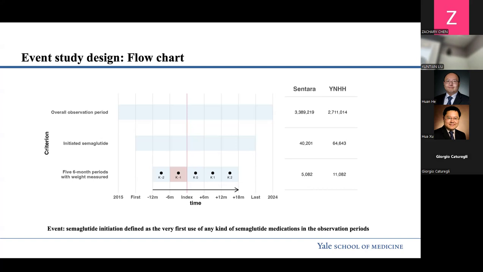For these 5 six-month relative periods, we require each patient to have at least 1 visit with weight measured to be included in the final, baseline cohort. That leaves us with 5,000 for Sentara and 11,000 in Yale New Haven Hospital.